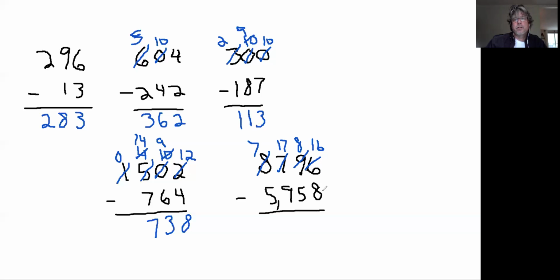So 16 ones, take away 8 ones is just going to leave me 8 ones. 8 tens, take away 5 tens is going to leave me 3 tens. 17 hundreds, take away 9 hundreds is going to give me 8 hundreds.